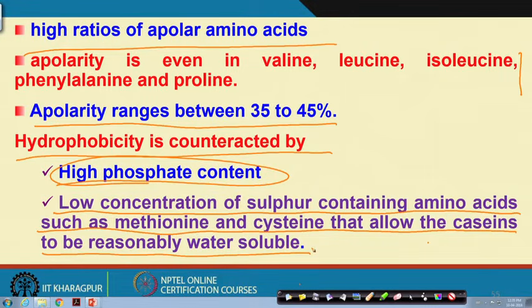So, if small quantities of methionine and cysteine are present, then that can also counter the hydrophobic nature of the protein, and it will not repel water to that extent.